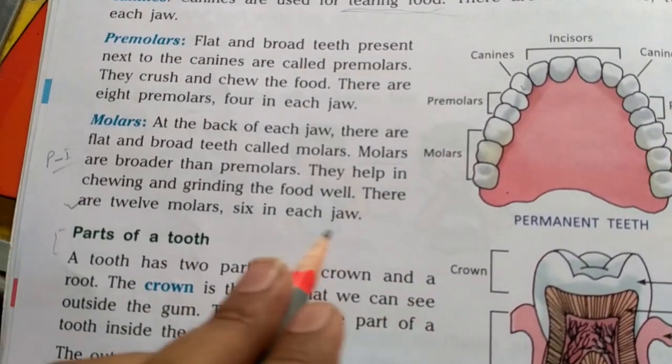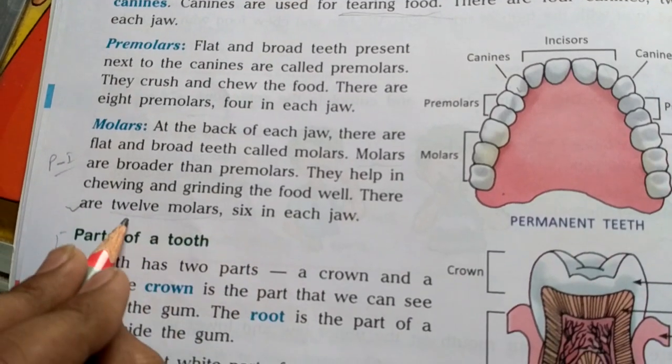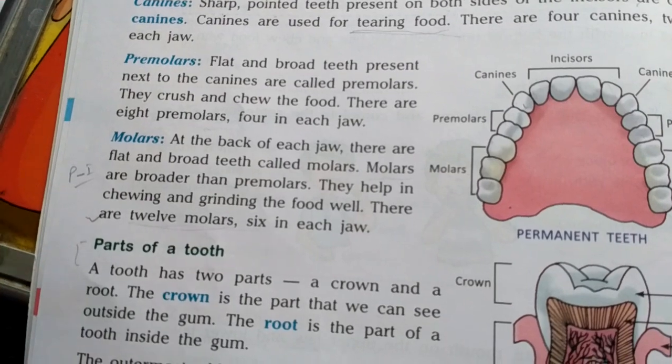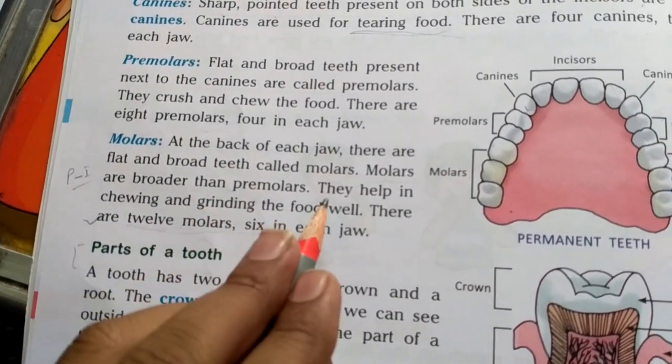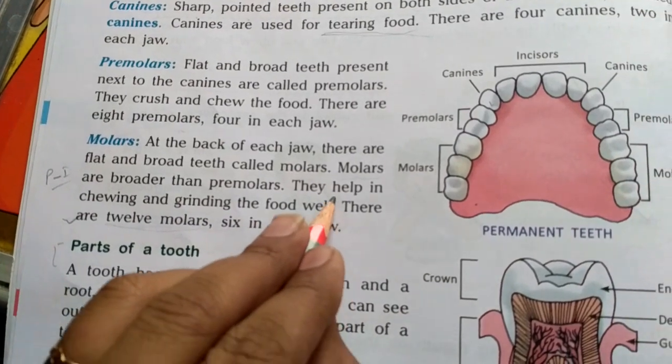The teeth present at the end are called molars, and there are 12 molars. The most teeth are of this type. There are 12 molars, 6 in the upper jaw and 6 in the lower jaw, and they help in further chewing and grinding the food well.